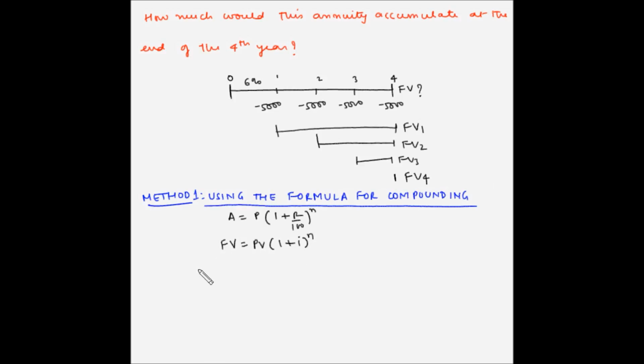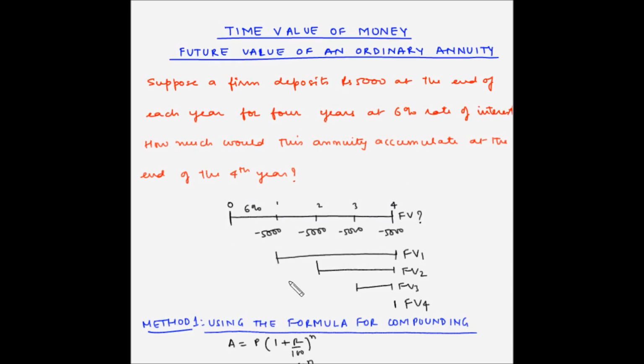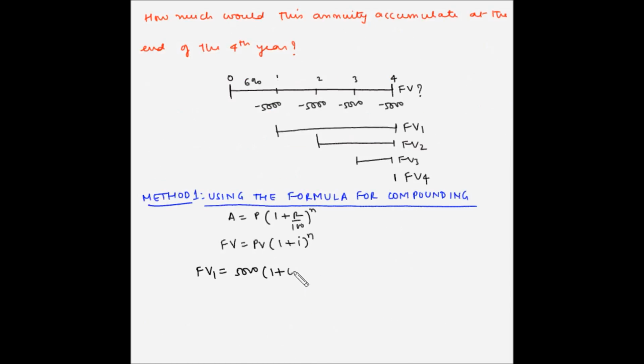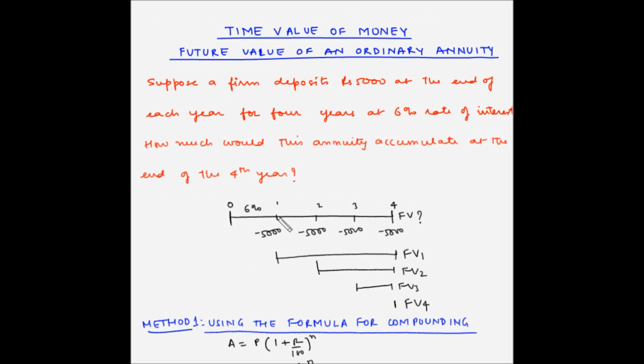Now for the first installment, let's say FV1, the present value or the investment amount is 5,000. 1 plus I, the rate of interest is 6%, and I is 6 divided by 100, so 0.06, to the power N. Let's find out how many years this amount is being invested for. The amount has been deposited at the end of first year.